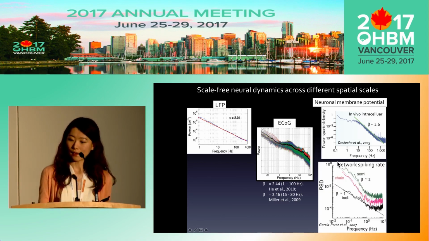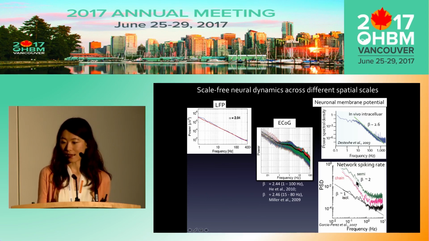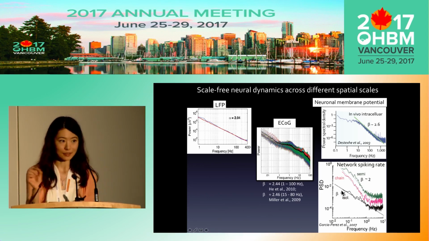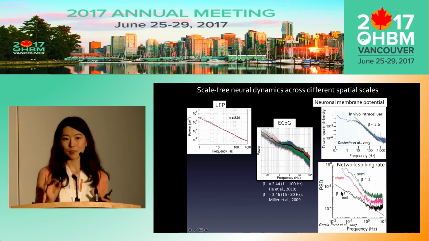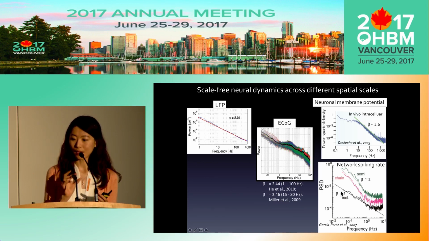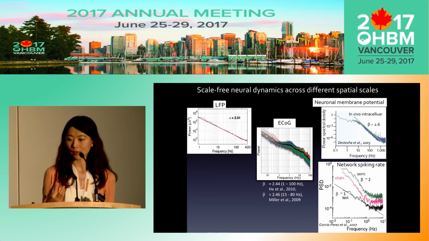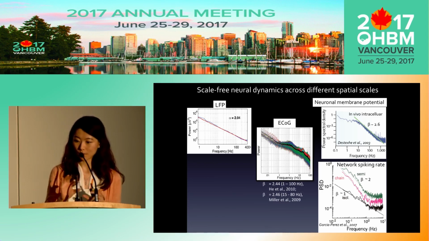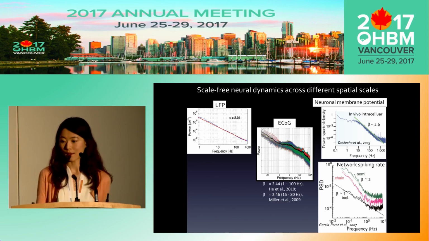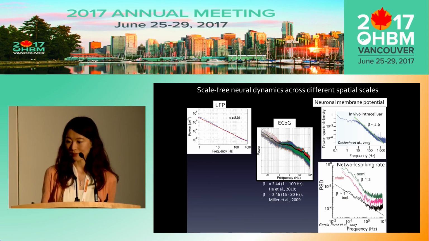This finding was reported from the leech nervous system, from the neuronal ganglia, using the intact animal and the intact ganglia as well as the isolated ganglion. What they found was that when the network becomes segregated, when they dissociated the subcomponents of the network, this exponent became shallower.